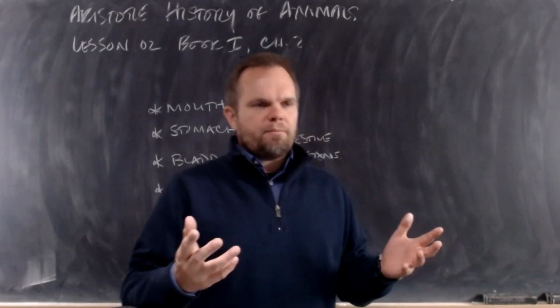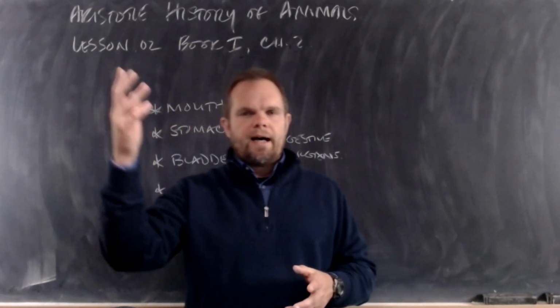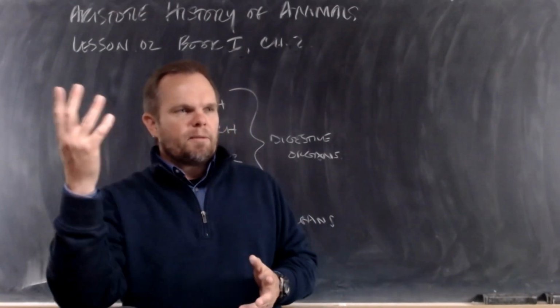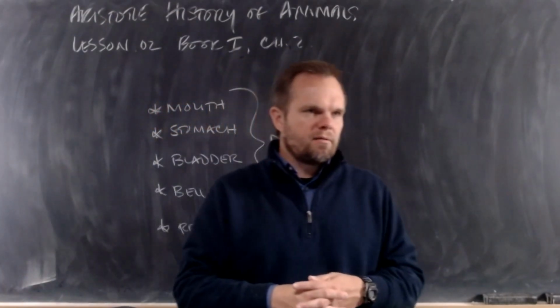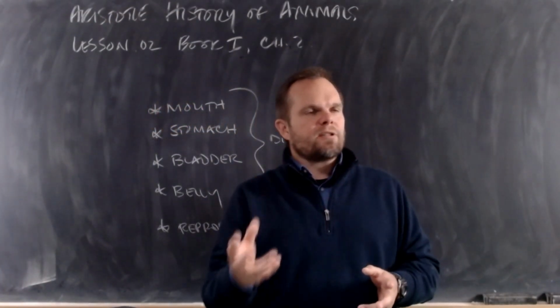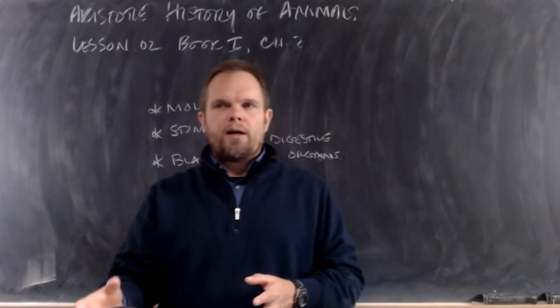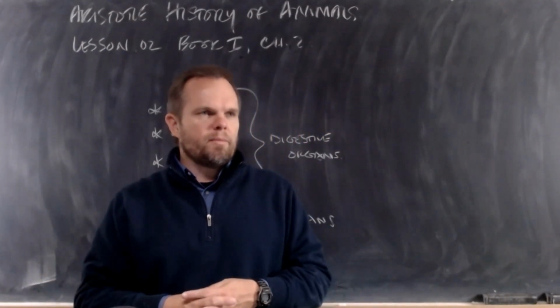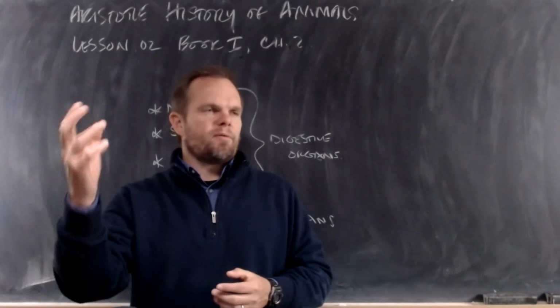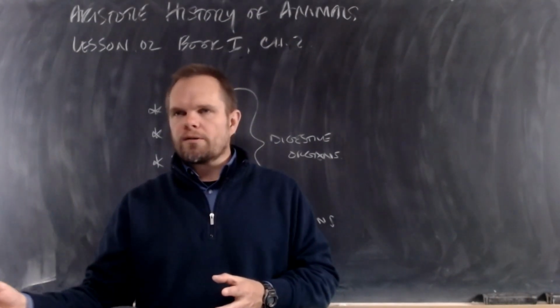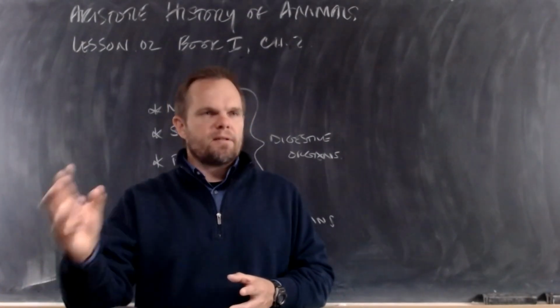So let's just take some basic examples. We have cows, right? We can think about their mouths. They have mouths, right? But once we get to their stomachs, we find that cows are completely different than humans. Cows are different from horses. Cows are different from dogs. Their stomach is different.